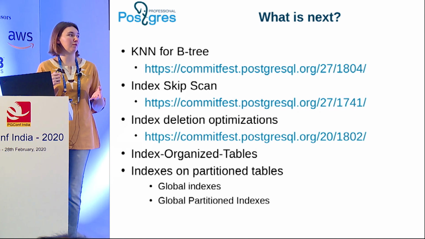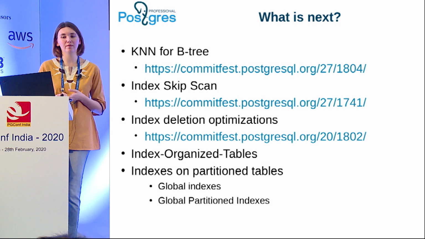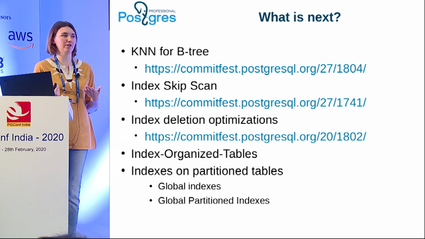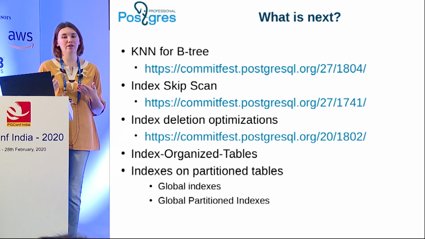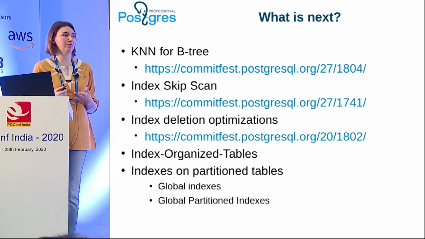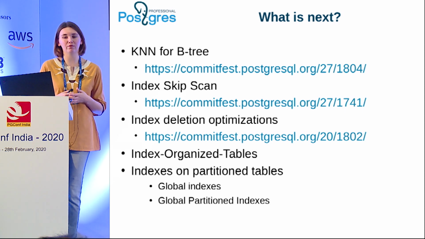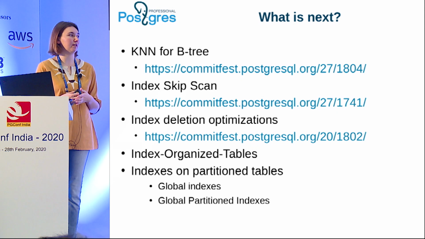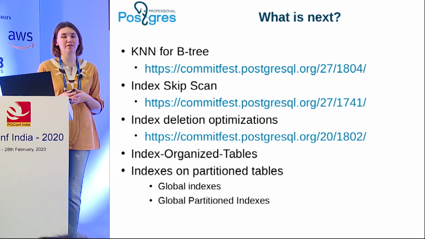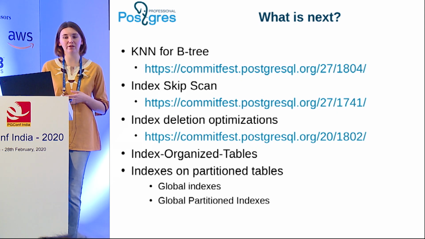There are also some more index deletion optimizations. Let's say when you delete just a couple of entries and you want to vacuum the index, you don't have to run through all data in the index. You can just access specific entries.